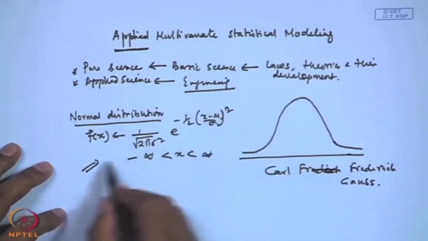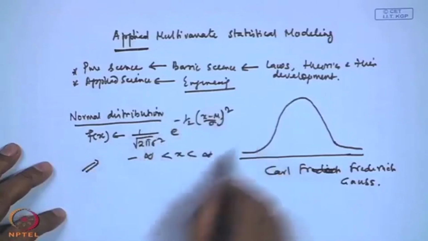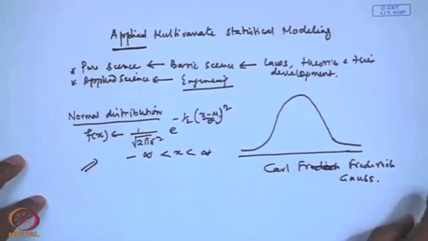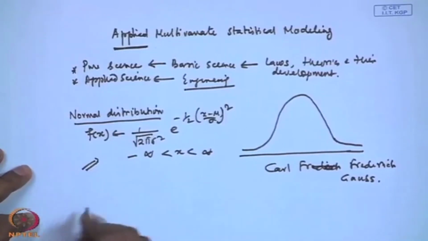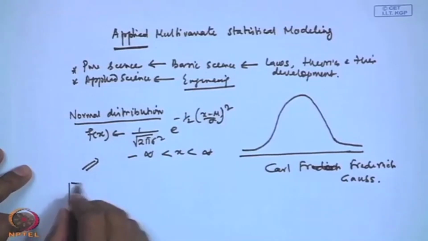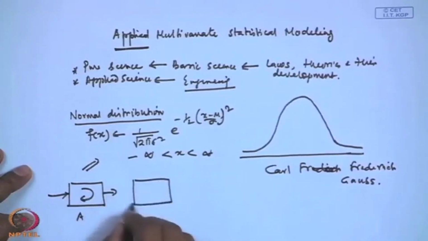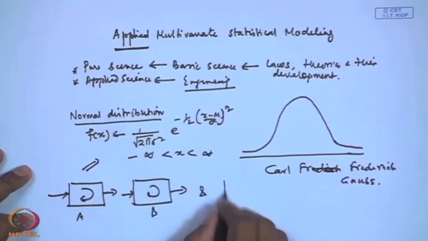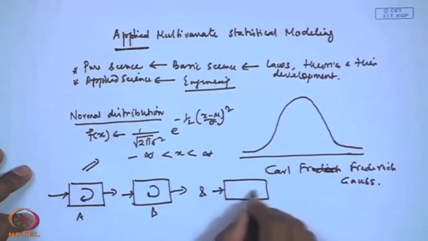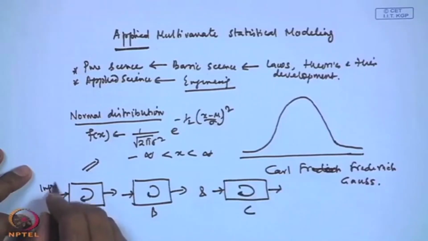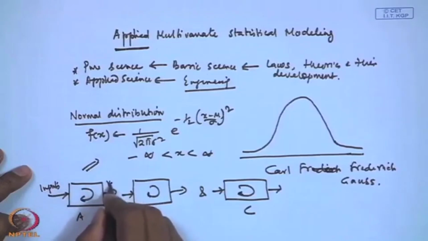Now, suppose I want to apply this knowledge to a real life situation. For example, let there be three processes, process A, B and C, which take certain inputs and convert them into value added outputs.